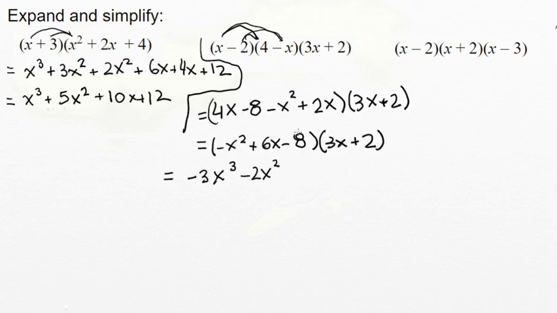Now if we do the same thing with the next term, so 6x times 3x, so 6 times 3 is 18, and x times x squared. Now the next one, 6x times 2, so plus 12x, right? And last but not least, negative 8 with both of those terms.